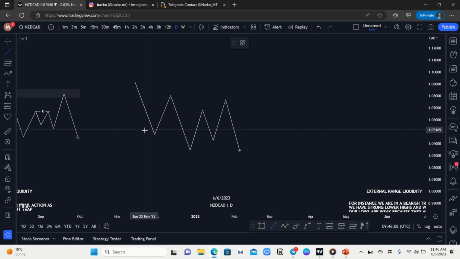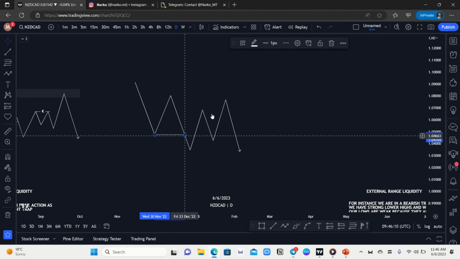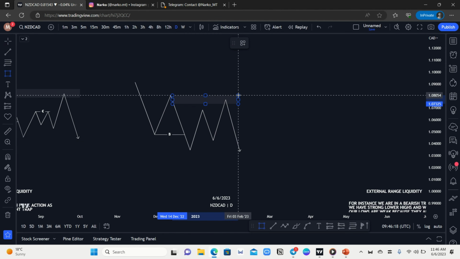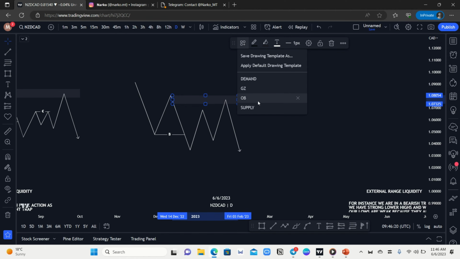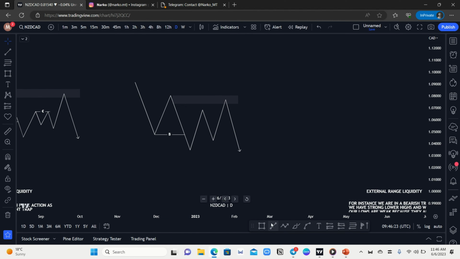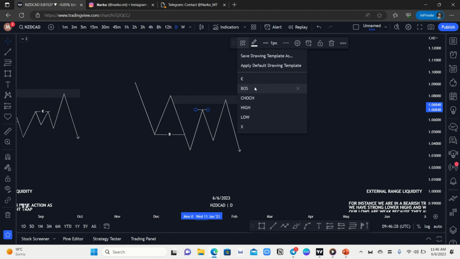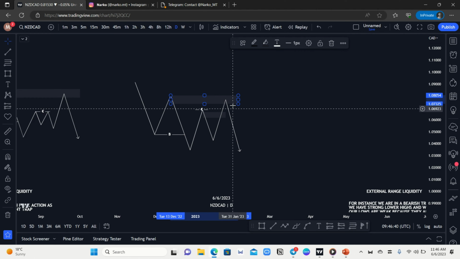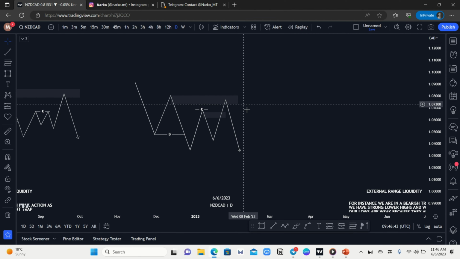Obviously, this here is going to be your break of structure, and this here is going to be your supply or your order block. Now this here is going to be your liquidity inducement trap. Why is that so? Because you cannot take your orders here, because this here is a valid zone. This is going to be your extreme zone whereby you can take your selling opportunities from.